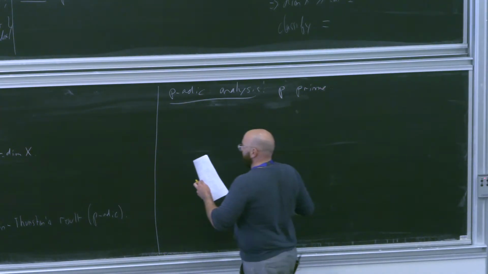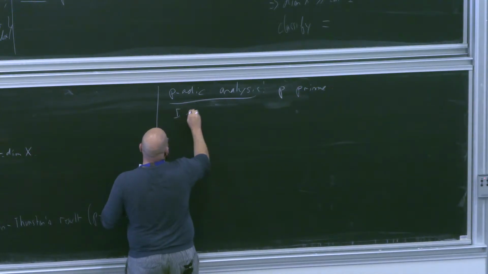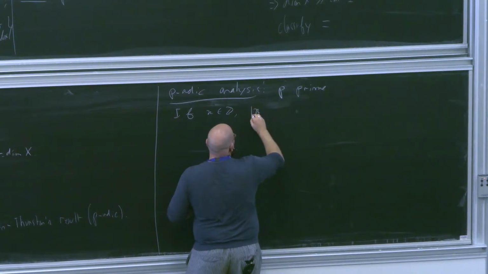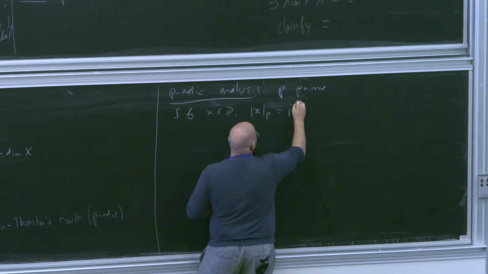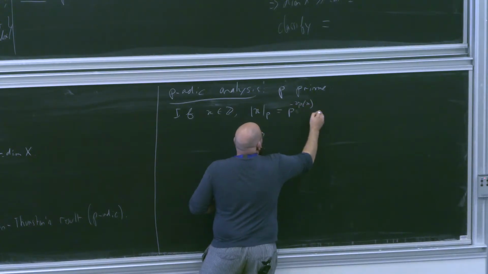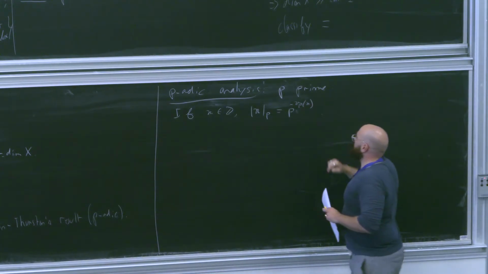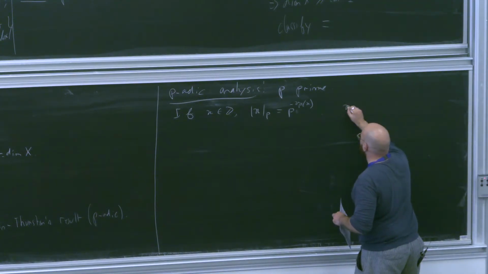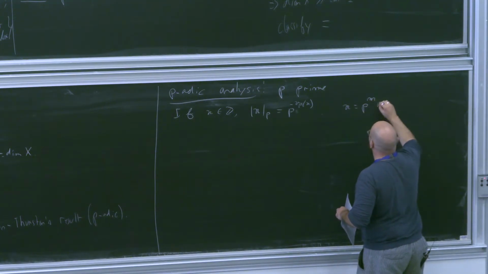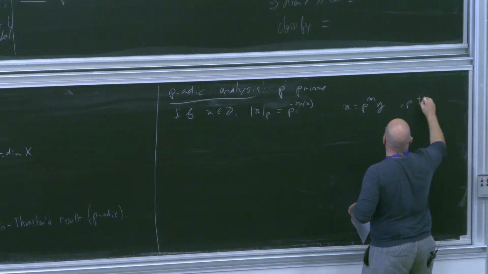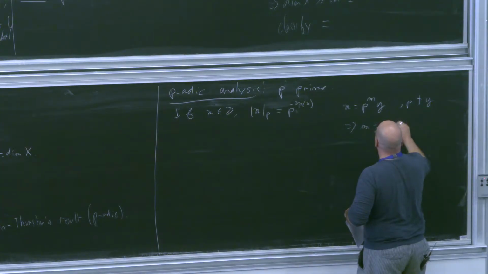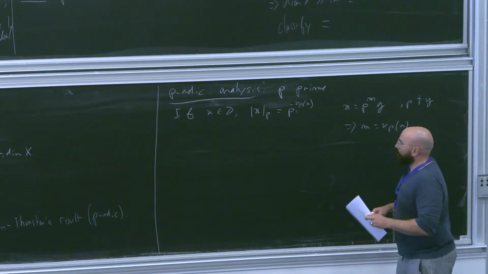And if I have an integer x, I can define its p-adic absolute value by p to the minus p-adic valuation of x. So you write x as p to the m times y with p not dividing y, and m is your p-adic valuation.